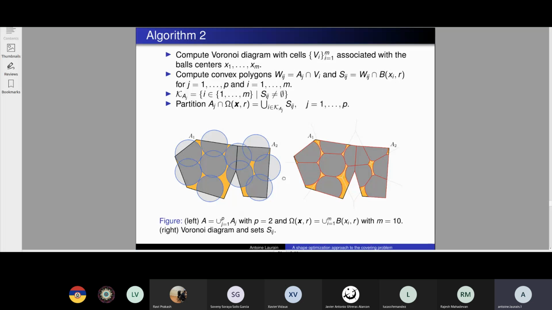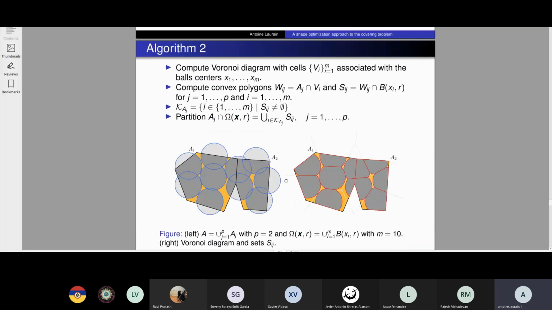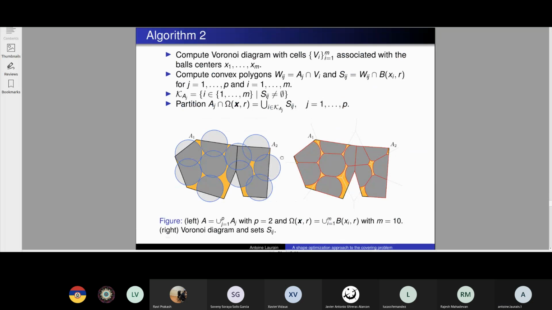Okay, so I don't think I will have time to explain this algorithm in detail, so I'm not going to explain all the notations.